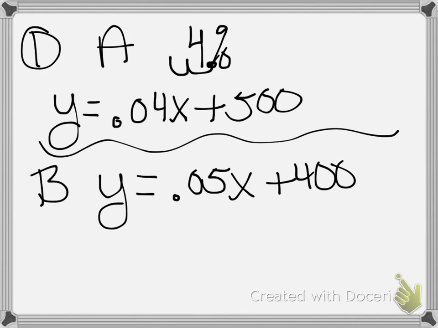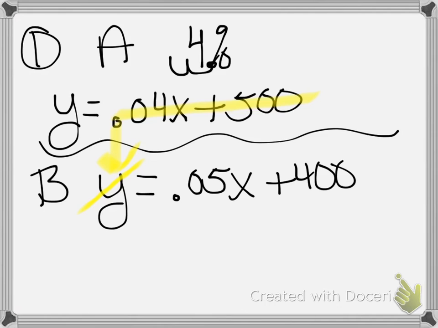And then, as you know, we've been working a lot on substitution. So I want to take my first equation that is solved for y, and since it says y equals 0.04x plus 500, I'm going to take what y is equal to and replace it for y in the second equation.